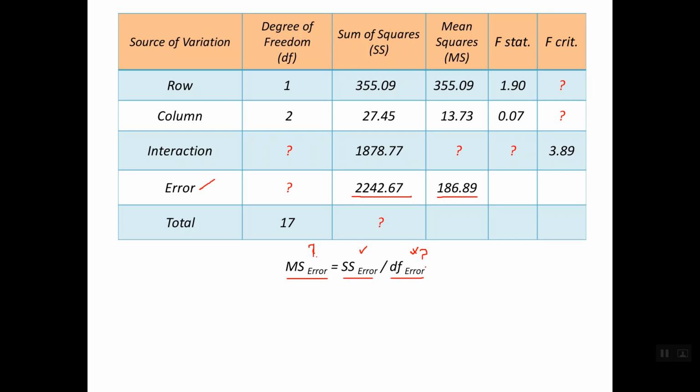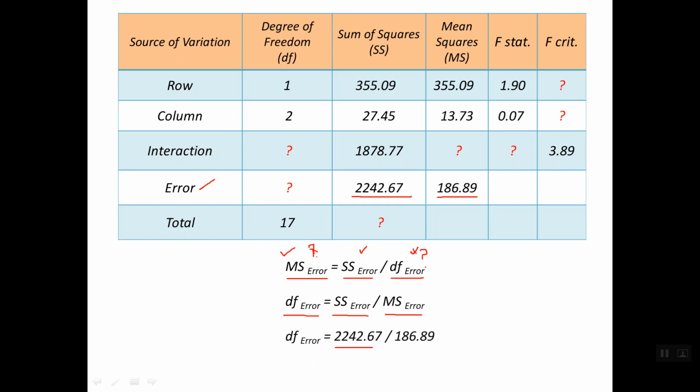But the MS for the error is already known. So we have this formula with one missing value. So if you rearrange this formula to solve for the degree of freedom for the error, we simply divide the SS for the error by the mean square of the error.